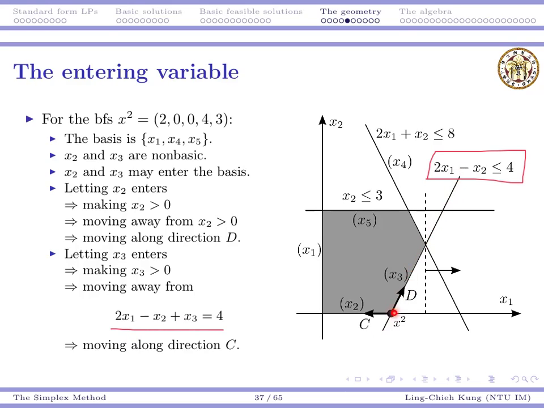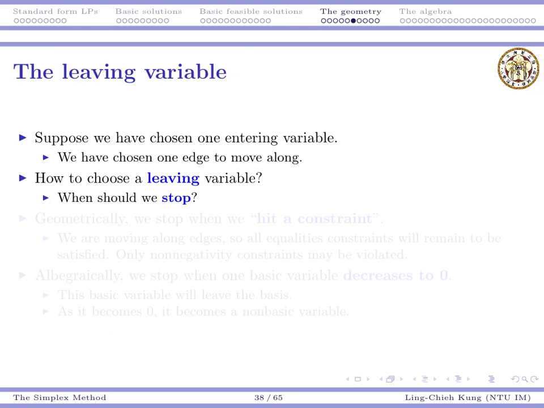If I want to make x3 positive, I need to move along this direction. That's direction C. So the intuition behind finding an entering variable is that one variable is going to become positive, and we will leave a constraint. We will determine an edge to move along so that we may leave that constraint. That's the idea. So suppose we have chosen one entering variable. We also need to choose a leaving variable, which will be determined when we know where we stop.